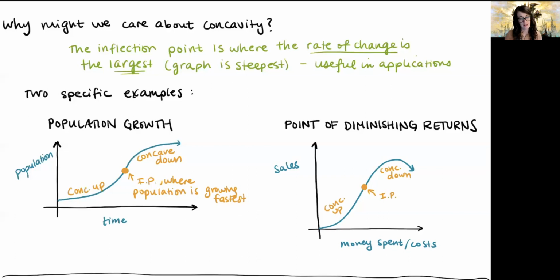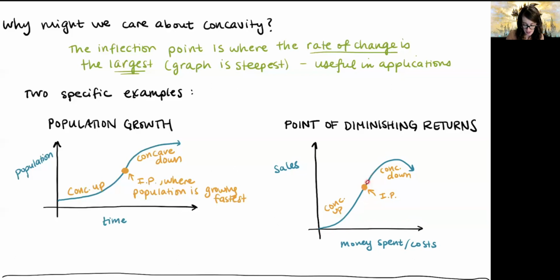But in terms of economics, if you've got on your input costs spent, like money spent, maybe we'll look at an example in a second on advertising, then your sales are increasing still. If you spend more money on advertising, say, your sales increase until about here. But after this inflection point, the more you spend, the less you get back. So there's a point, that's what's called diminishing returns.